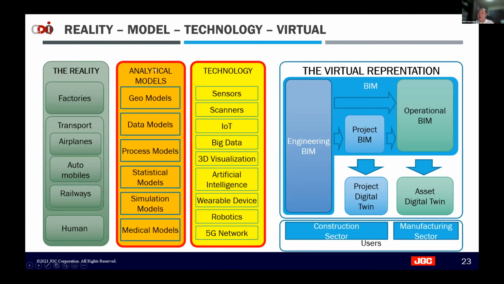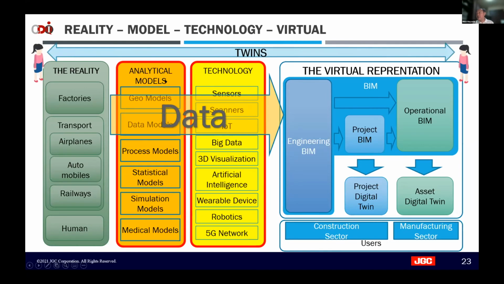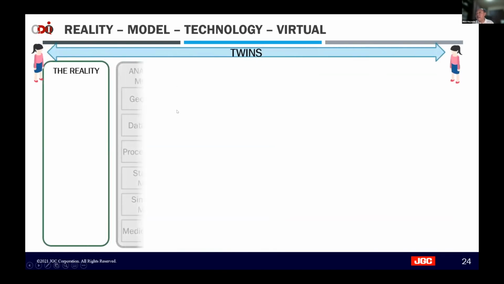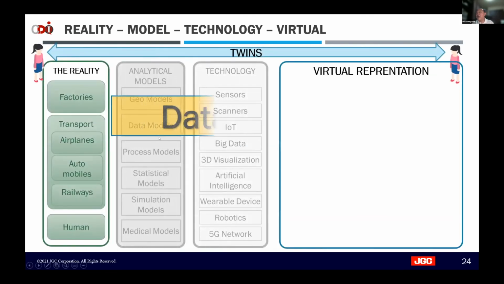But we have to choose proper technologies and proper analytical models. This is under the user company's responsibility. And in addition to that, feeding the data, which actually builds a digital twin, is also done by the user company.